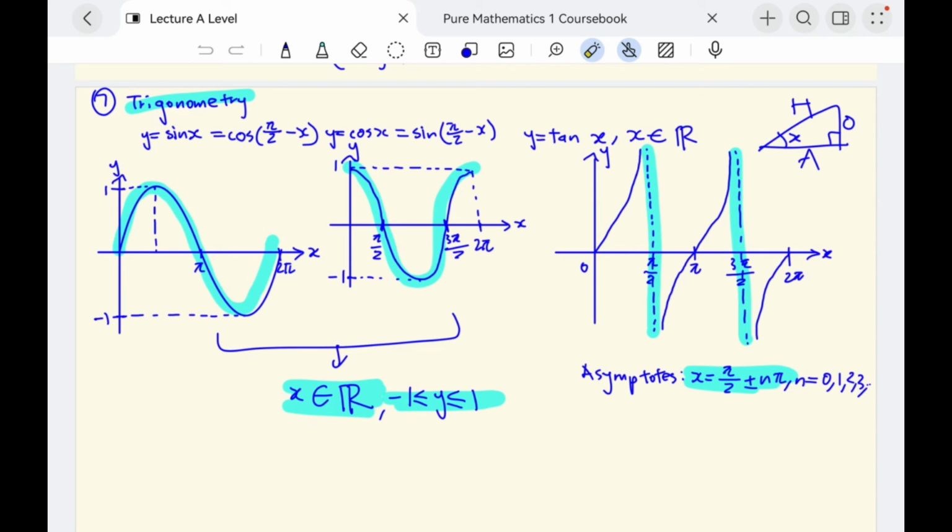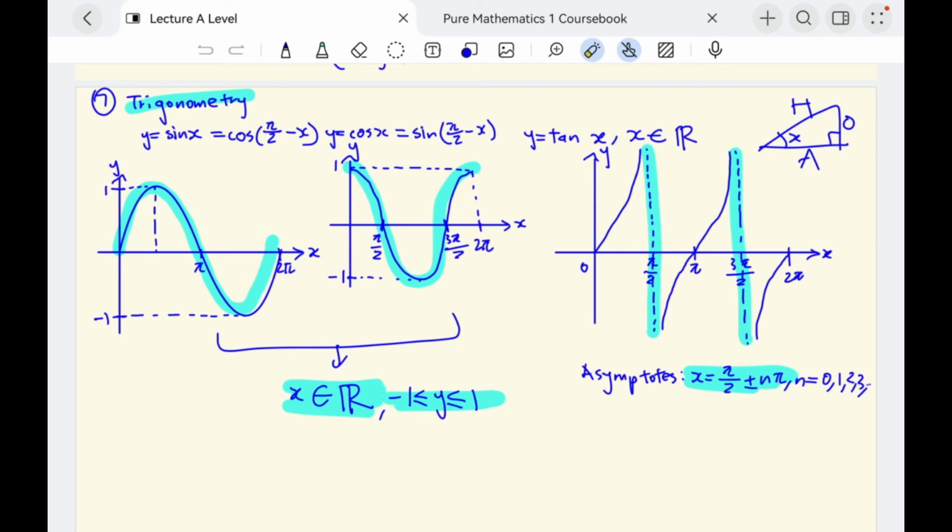But the tangent graph is different. The tangent function is undefined when your domain is 90 degrees, or pi over 2, and also 3 pi over 2, or 270 degrees.